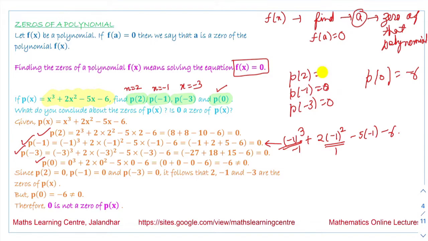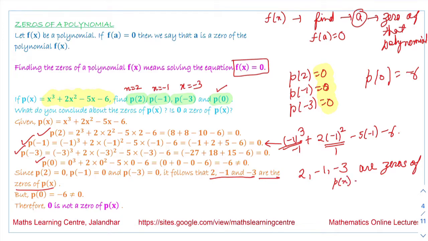So in all these three cases we are getting the answer is 0. So we are saying that 2, minus 1 and minus 3 are the zeros of px.